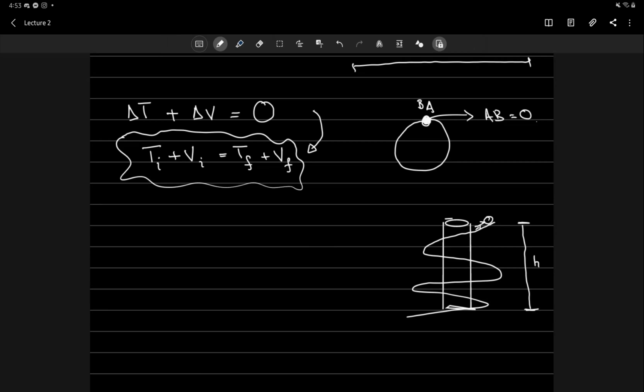There's no one to push the child. The child is just released from the resting position at the top of the water slide. And let's say that h, or this height, is equal to 8.5 meters above the bottom of the slide. So the bottom of the slide is, let's say, at the ground.